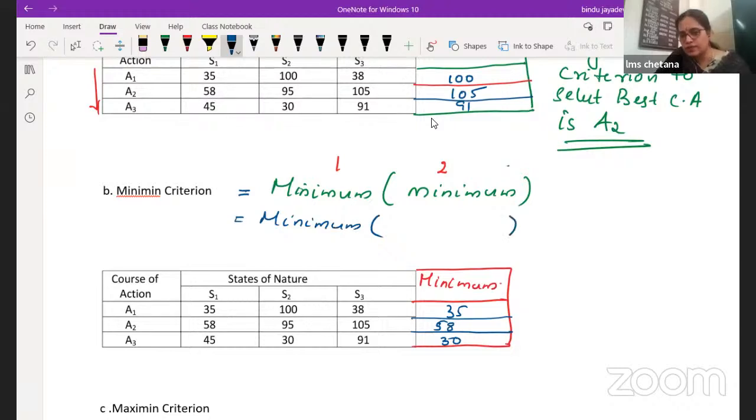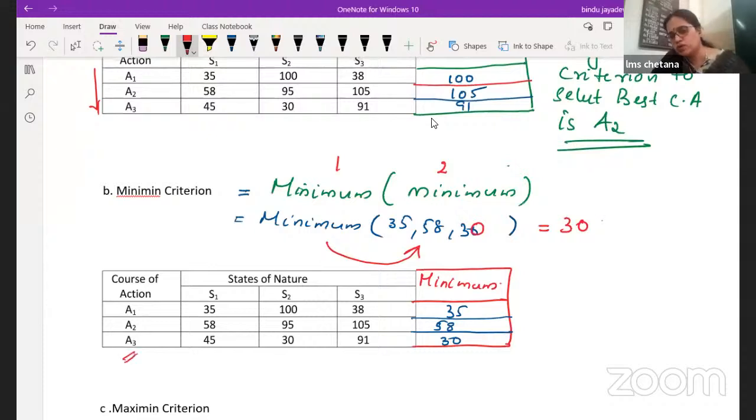What is that last column? 35, 58, 30. That is equal to, now minimum. The numbers inside this bracket, which is the minimum value? 30. Correct? In which line does that 30 come? In the third line. In the third line, which course of action? A3. Therefore we'll write 30 for course of action A3. Got it?